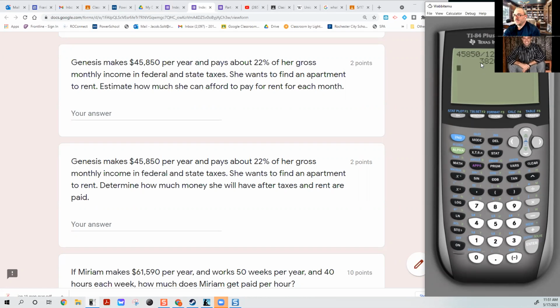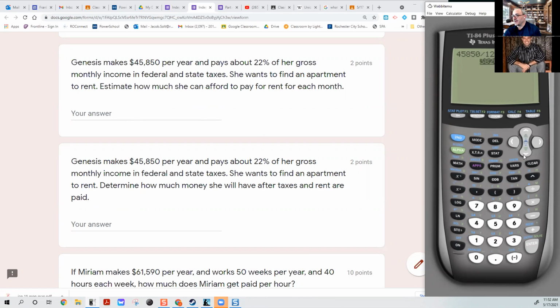I now see that Genesis makes $3,820.83 per month. Now I want to find what 28% of that is. I'm sorry, that's not on your form right now. It'll be on there later. I just updated the form, and it will have a little description saying use the recommended amount of 28%.